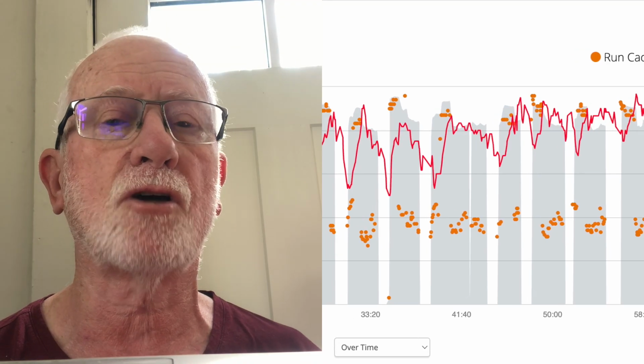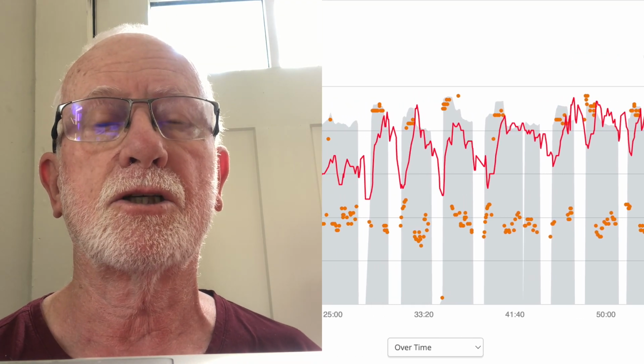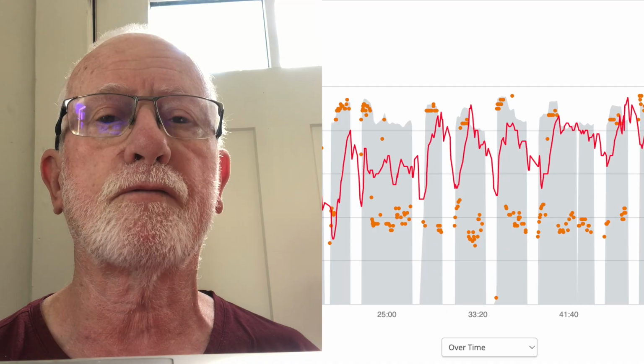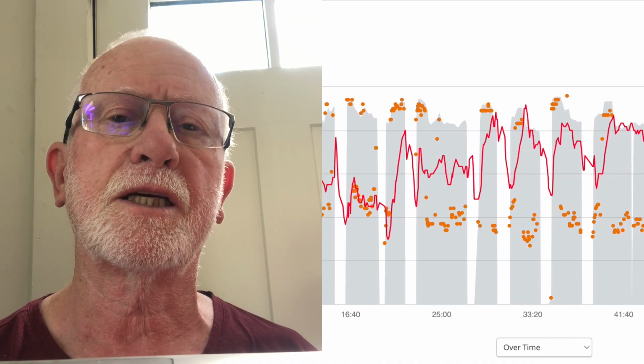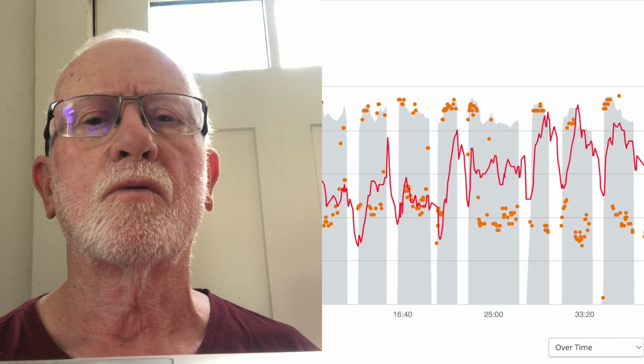Whereas in the case of the intensity, you can see I have to stop every few minutes until my pain level drops back from 5, and I take it back to about a 2 when my calf isn't hurting so much. So take a look at these 2 graphs on my website, or here on the video if you can see them, and you will see the difference.